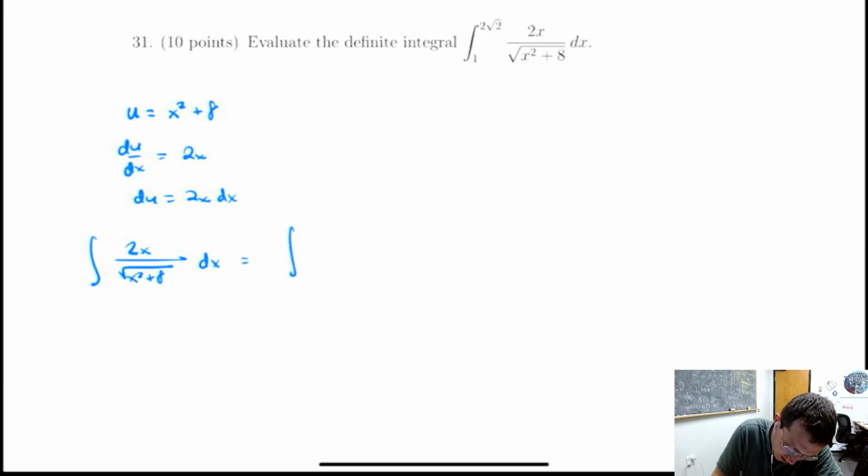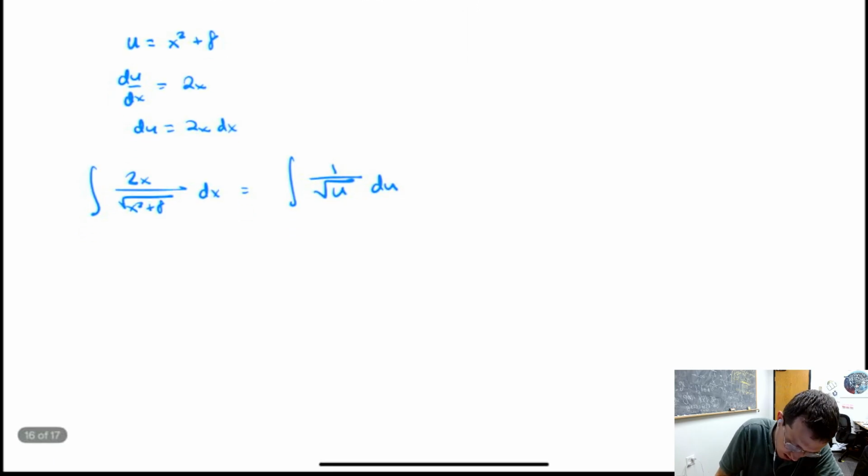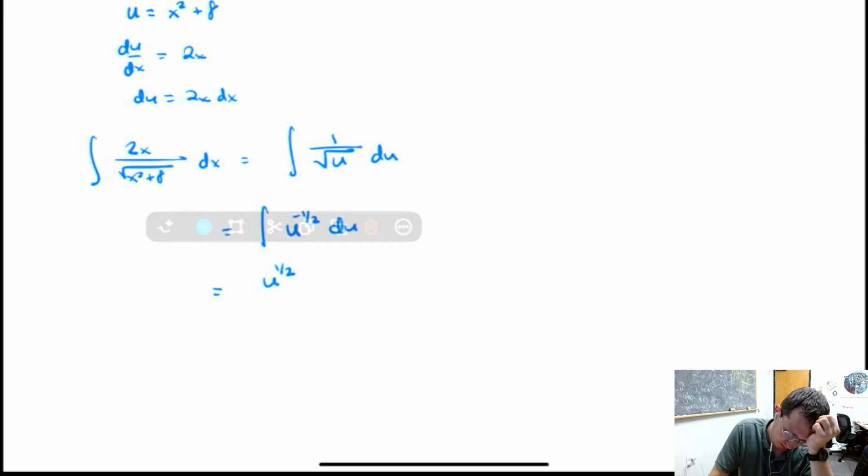So when I make the substitution, the 2x dx becomes du, and the square root of x squared plus 8 becomes the square root of u. 1 over the square root of u is the same thing as u to the minus 1/2. It's going to be easiest to find an antiderivative if I rewrite this as a power of u. And then the antiderivative is going to be u to the 1/2 divided by 1/2 plus c.